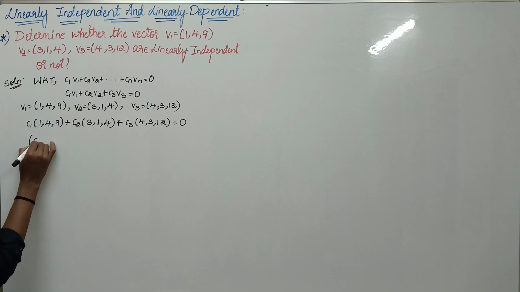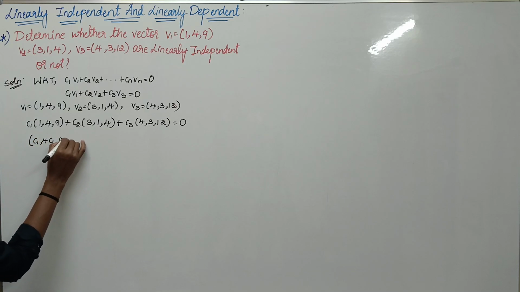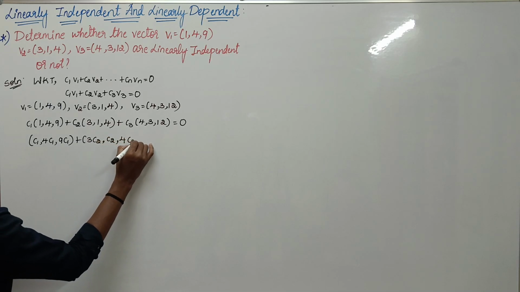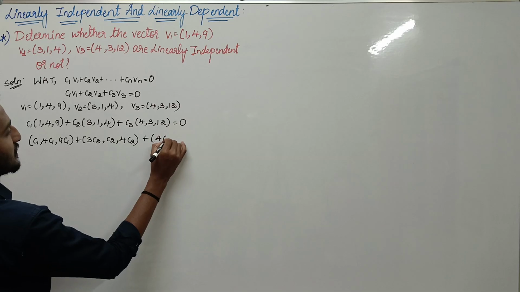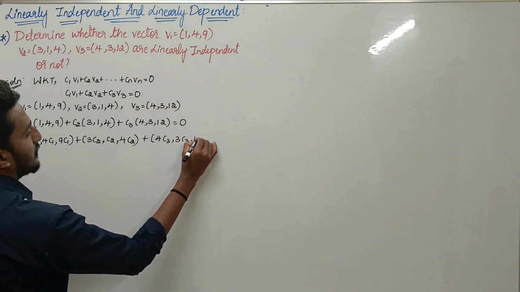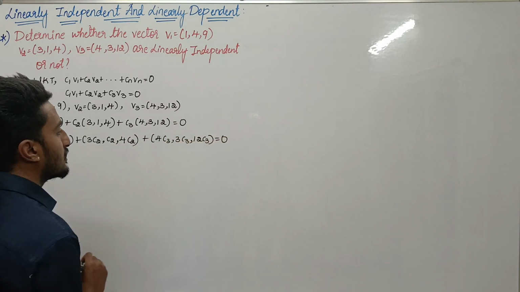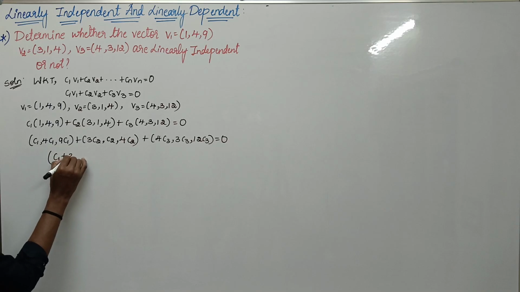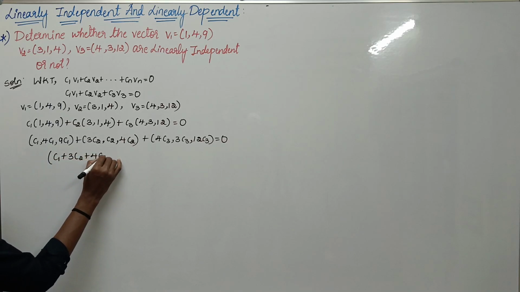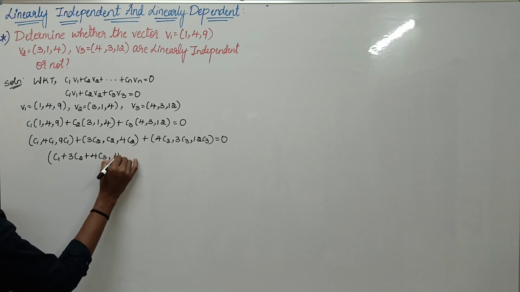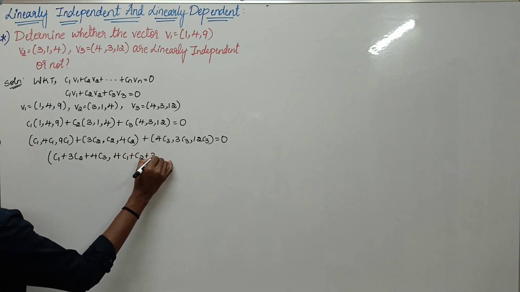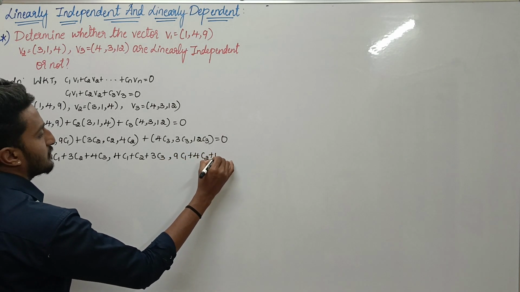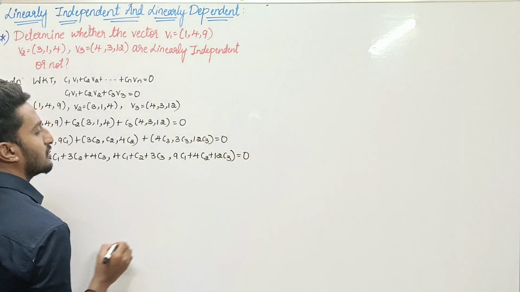Multiplying the scalars, we get c1, 4c1, 9c1, 3c2, c2, 4c2, 4c3, 3c3, 12c3, equal to 0. Now add term by term: the first term is c1 plus 3c2 plus 4c3, the second term is 4c1 plus c2 plus 3c3, and the third is 9c1 plus 4c2 plus 12c3, which is equal to 0.